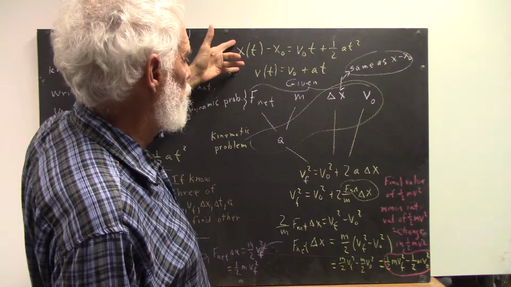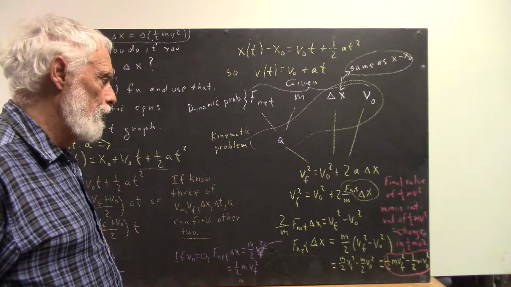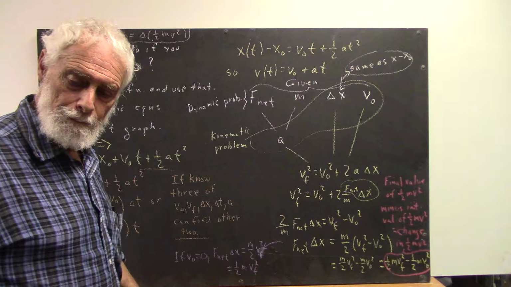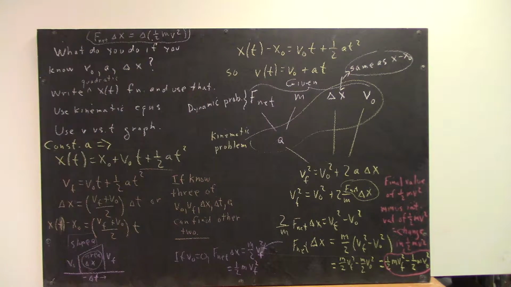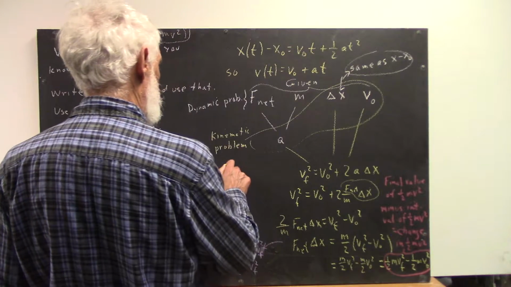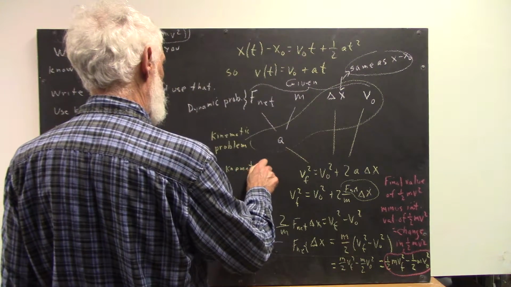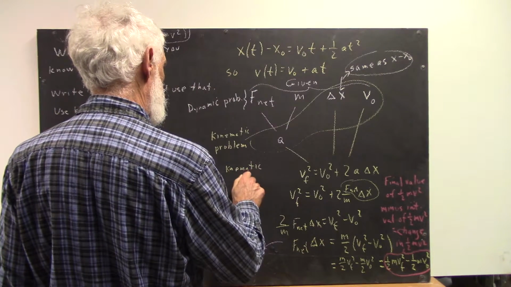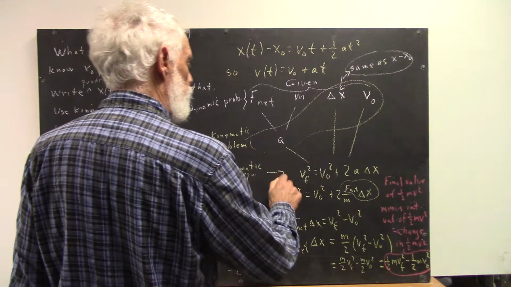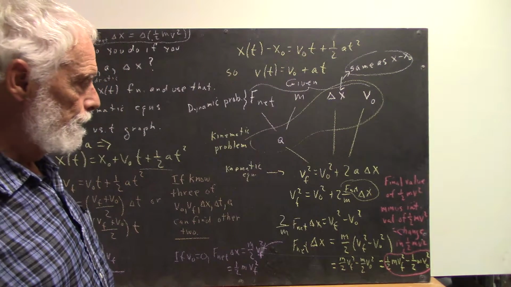From these two equations, we can derive this equation, one of the kinematic equations. And this is the route that we actually chose to use in our solution. So this is a kinematic equation: vf squared equals v naught squared plus 2a delta x.